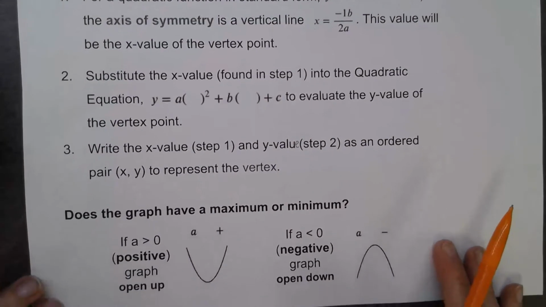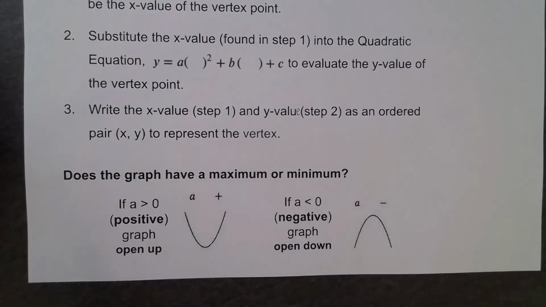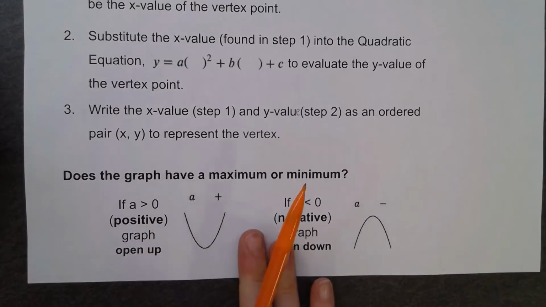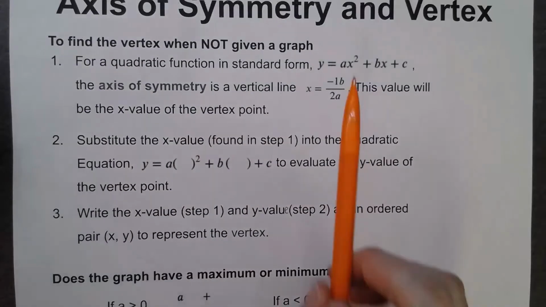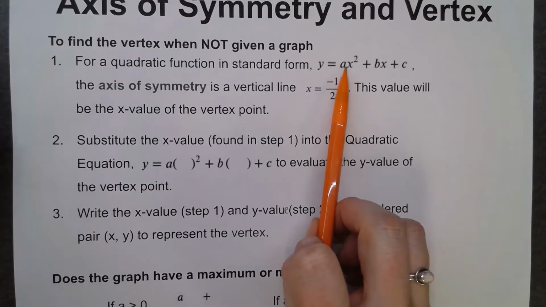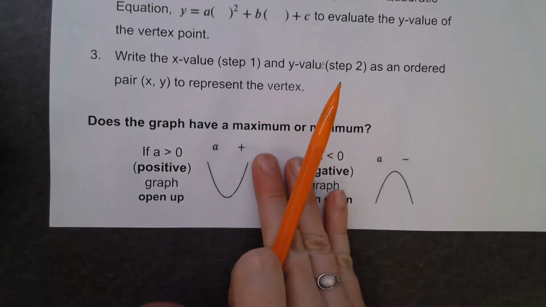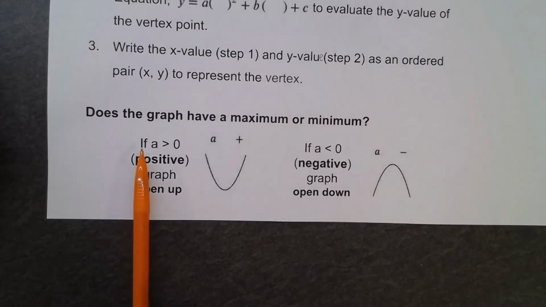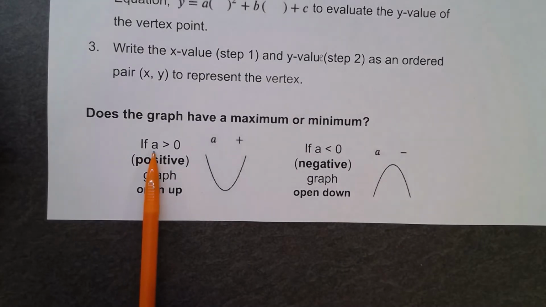We can also talk about whether the function has a max or min, and that's going to be based off your a value. Again, going all the way back to our standard form, that a value in front of the x squared term will tell you if you have a max or min. So if the a is positive, meaning it's greater than 0, the graph is going to open up.